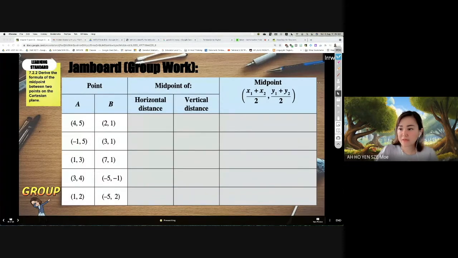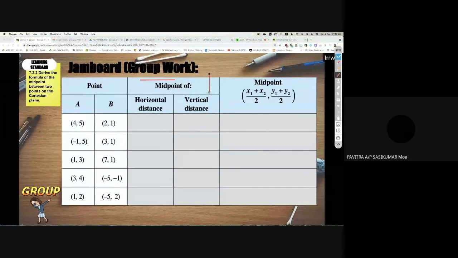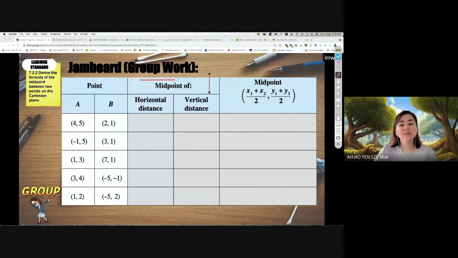X. The horizontal line is X, and the vertical line is up and down, so it uses y. So for the first column, you find the horizontal distance and vertical distance, either x2 minus x1 or y2 minus y1. For the other one, use the formula to determine the midpoint. Later we discuss what the findings are.